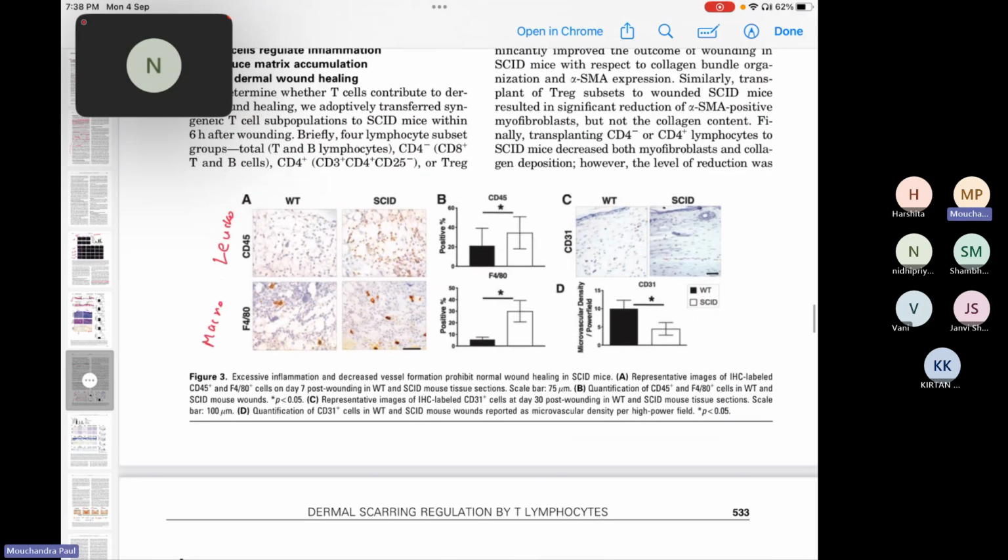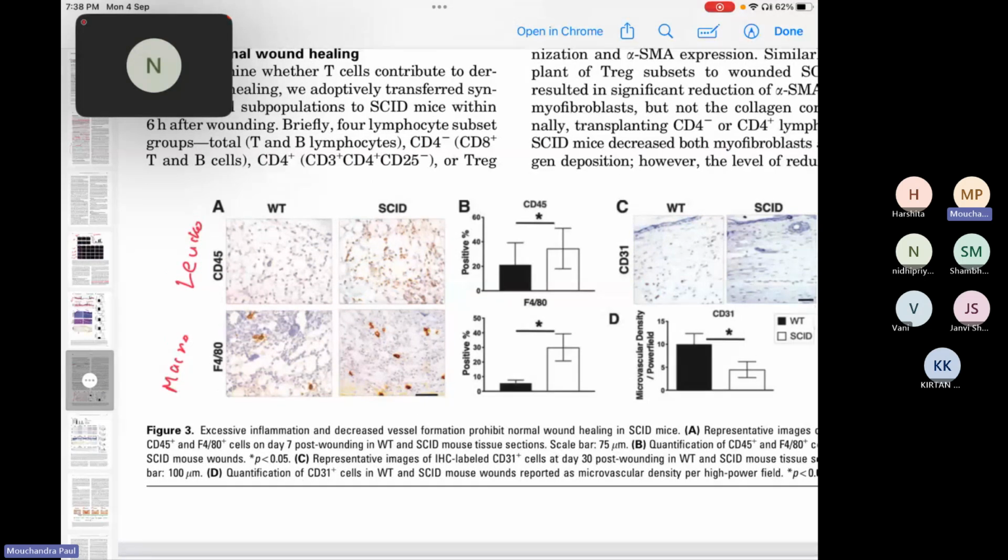And what they observed is that in the SCID mice, the percentage of leukocytes is higher, and the macrophages are also present in higher number, which means the inflammation process in wound healing in SCID mice is because of these two cells, and it is happening at a higher level in comparison to the wild type.